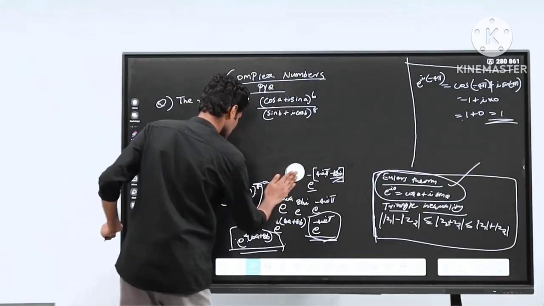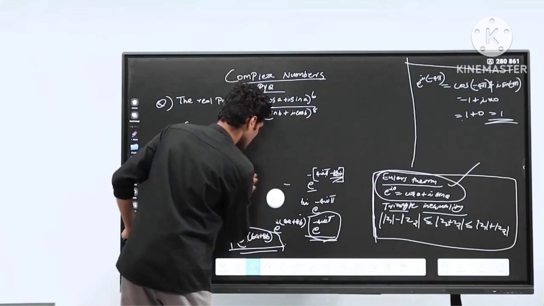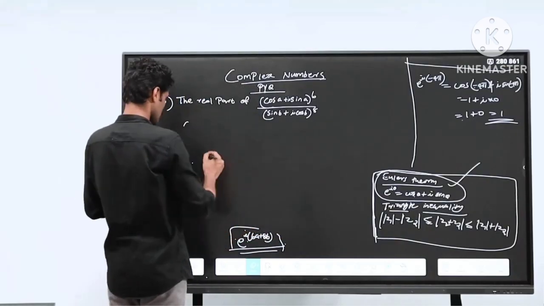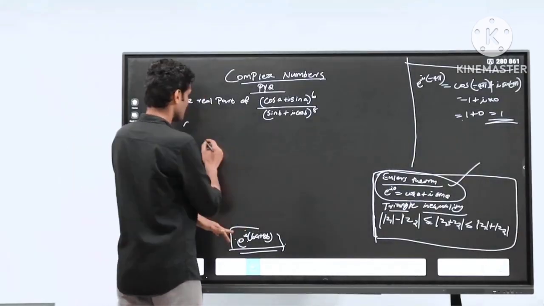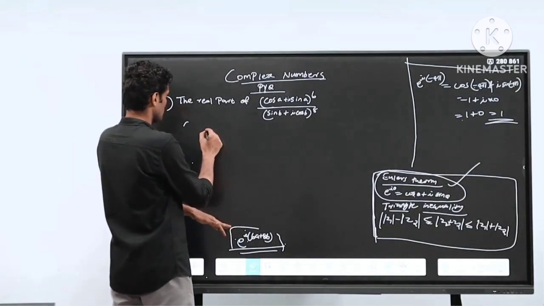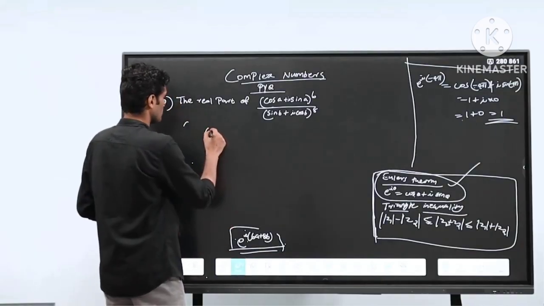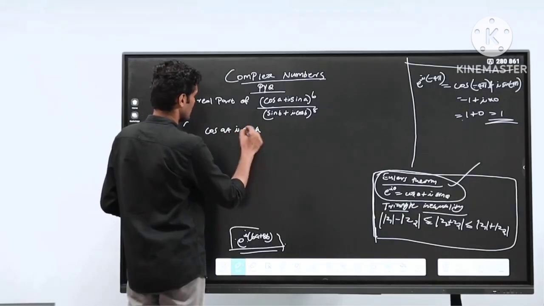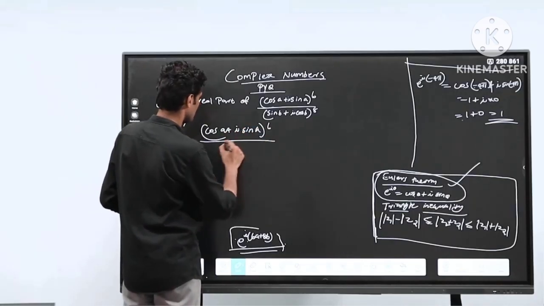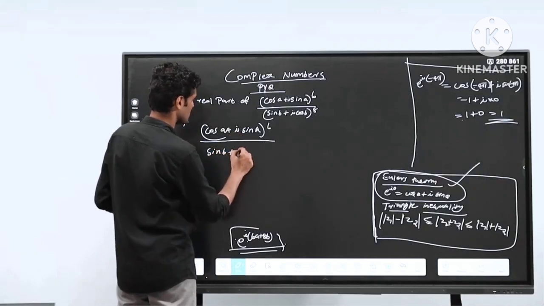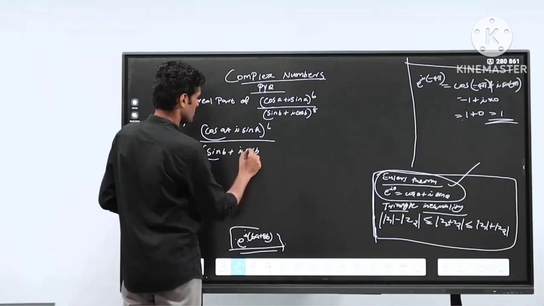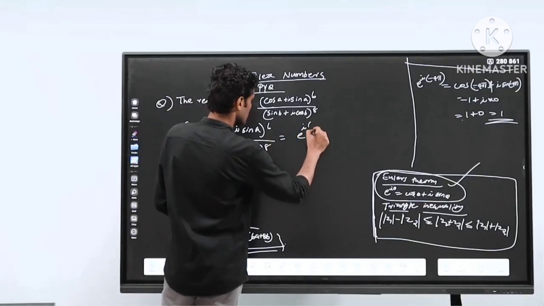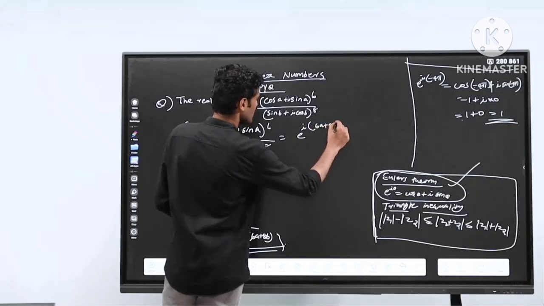By again using Euler's theorem, we simplified the given question, cos A plus I sin A whole raised to 6 divided by sin B plus I cos B whole raised to 8, as e raised to I 6a plus 8b.